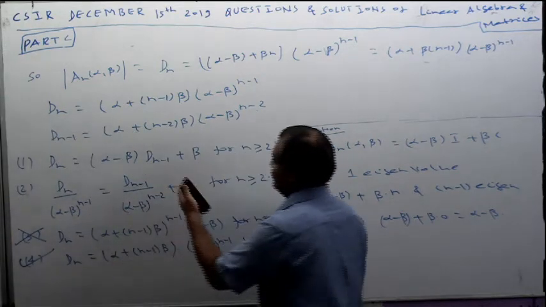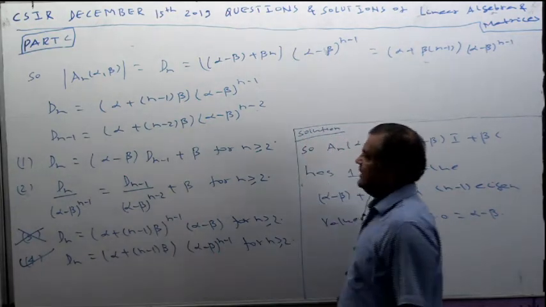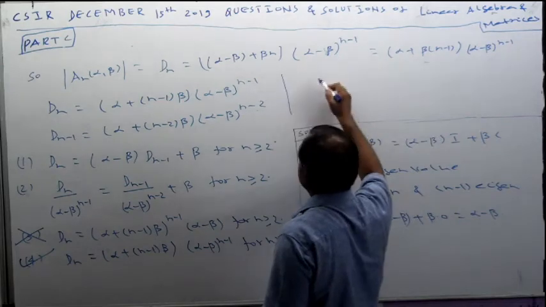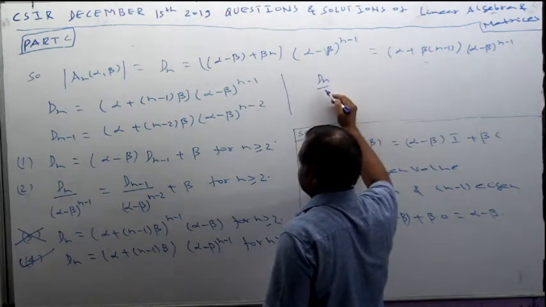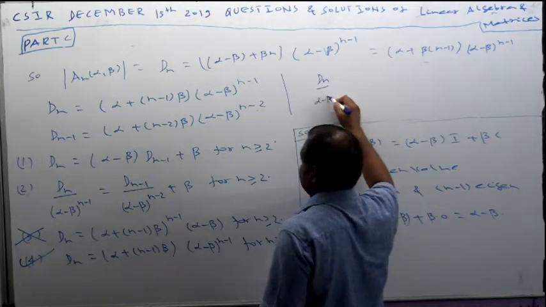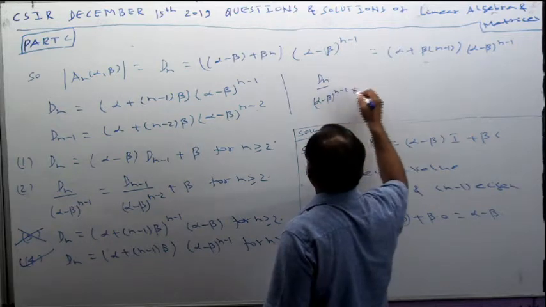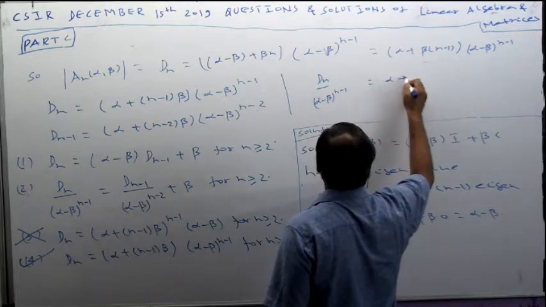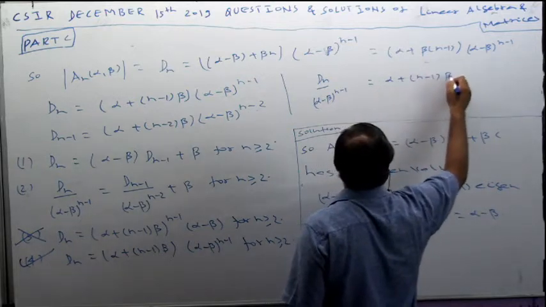Now they have asked you something like this, that d_n is equal to what? And you see, I am writing here, d_n upon (alpha minus beta) to the power n minus 1 is equal to alpha plus (n minus 1) beta.